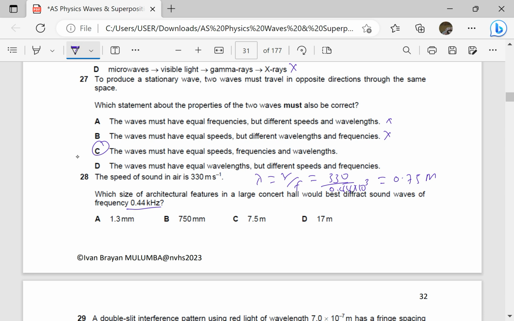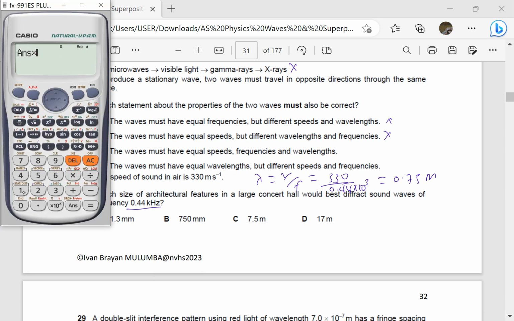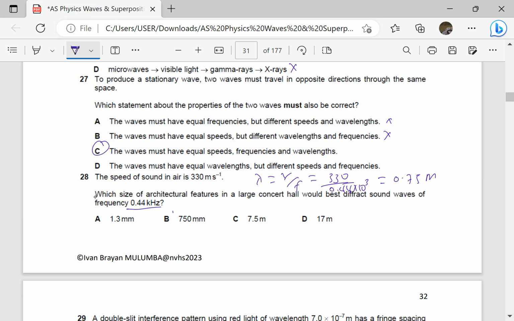So we can try to convert this to millimeters, since there are no centimeters here. Times 1,000 is 750. So the answer here is going to be B, 750 millimeters. The wavelength should be of the same order as the architectural feature.